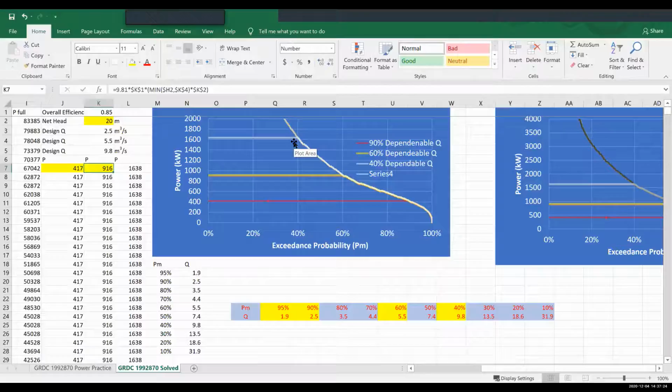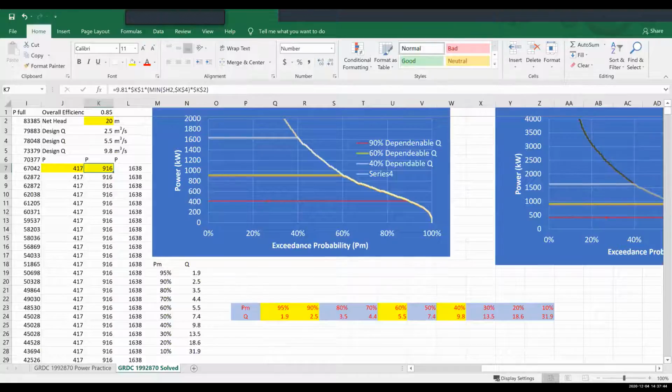Now, if it is an isolated system and you don't have any other source, then you have to design for a very high exceedance probability. Then you are able to meet the power most of the time.